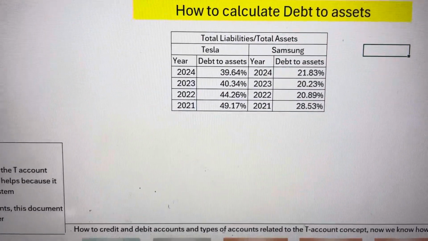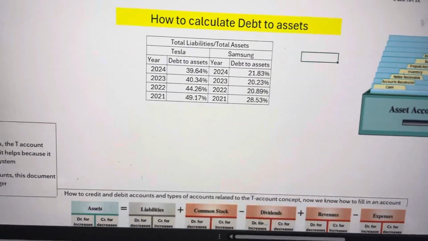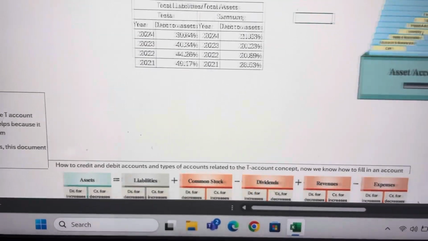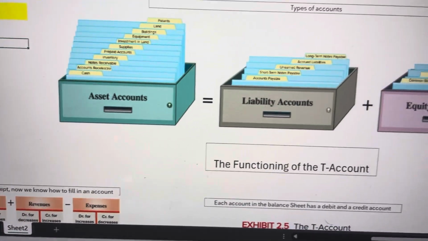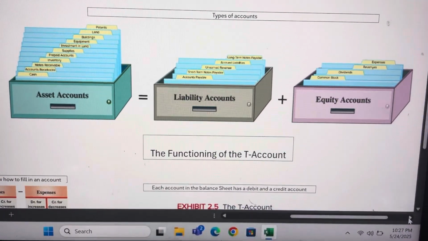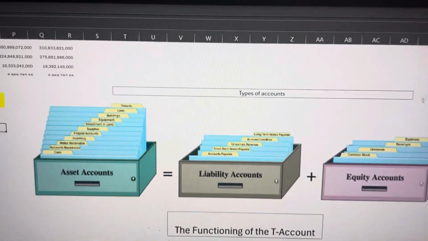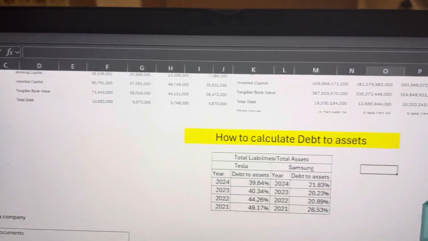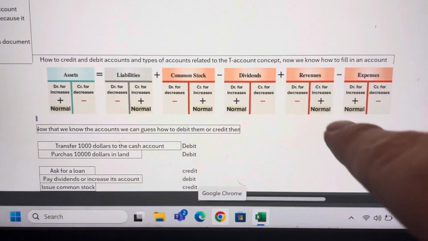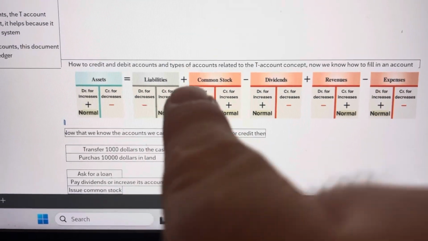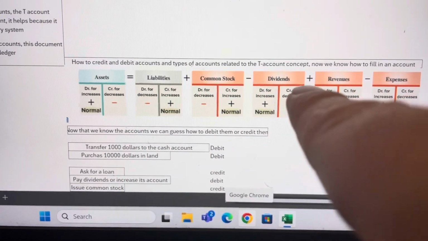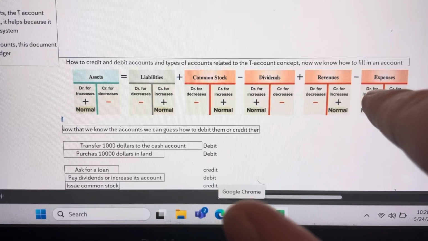Okay, but this is not the only thing that we've learned. I have here a little summary in the balance sheet formula, which is similar to this. Assets equals liabilities plus common stock minus dividends plus revenues minus expenses.